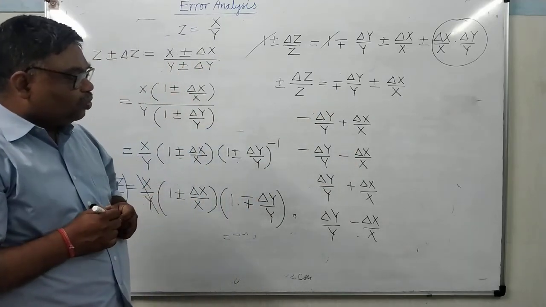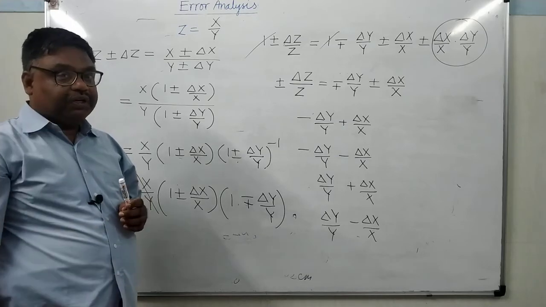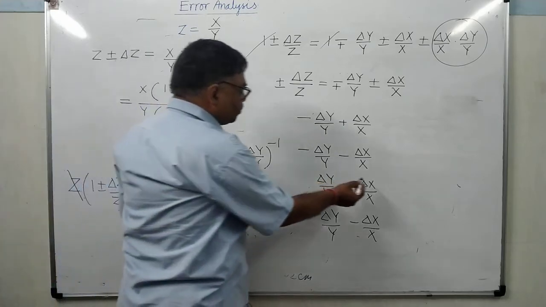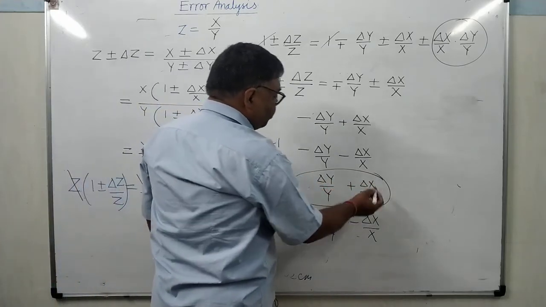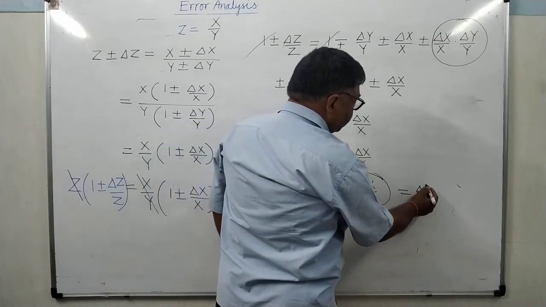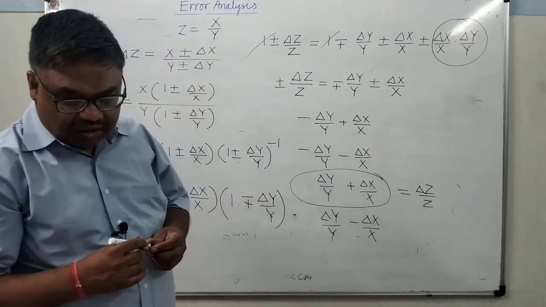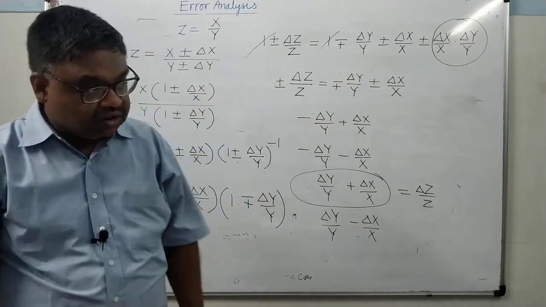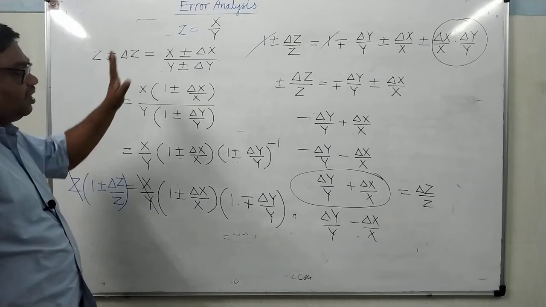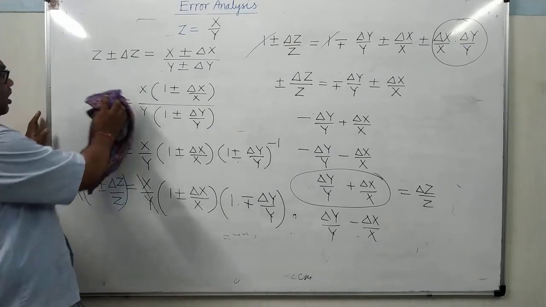But our aim is to calculate the maximum permissible relative error. So what will be the maximum permissible relative error in the Z? It will be this. It's clear? Now see here. It means you will get the same result in the multiplication or division.